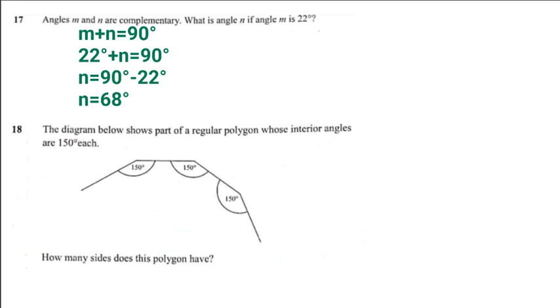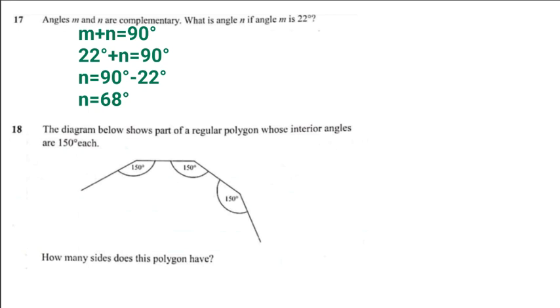The diagram below shows part of a regular polygon whose interior angles are 150 degrees each. You can see a part of the regular polygon here, and the interior angles are 150 degrees each.